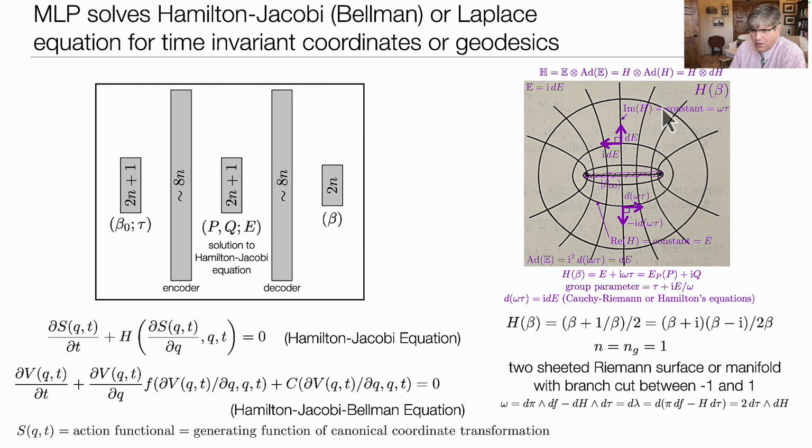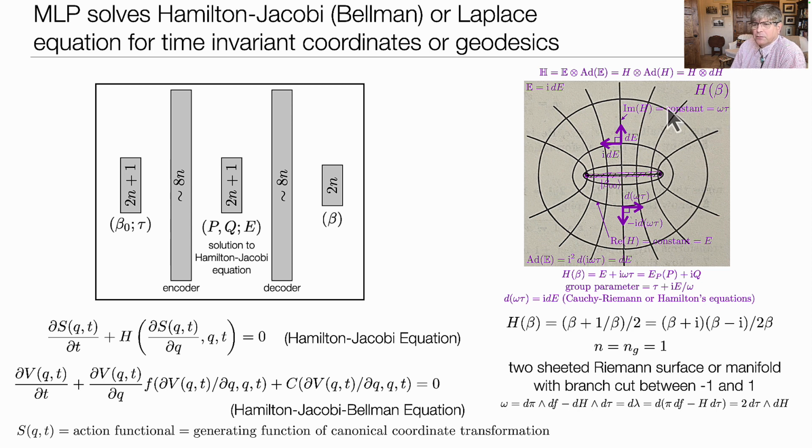And there is an orthogonal set of curves, and those curves are generated by the energy, or the H group, Lie group. And then you have an orthogonal set of curves, which are the imaginary part of H equal to a constant, or the phase equal to a constant.